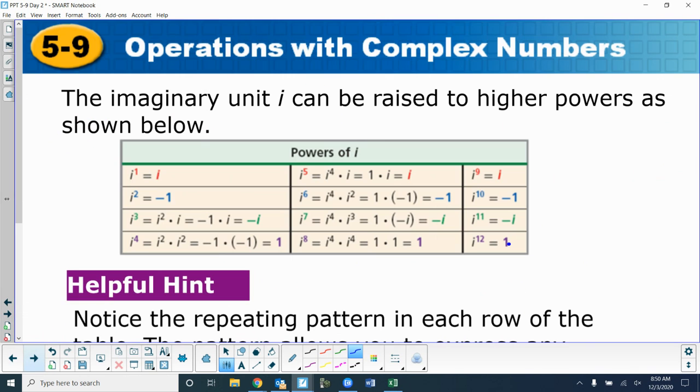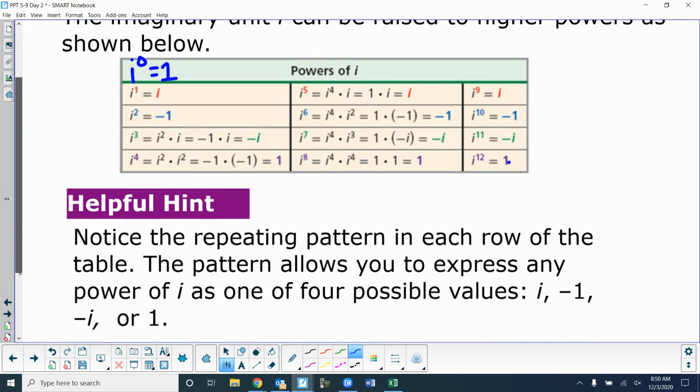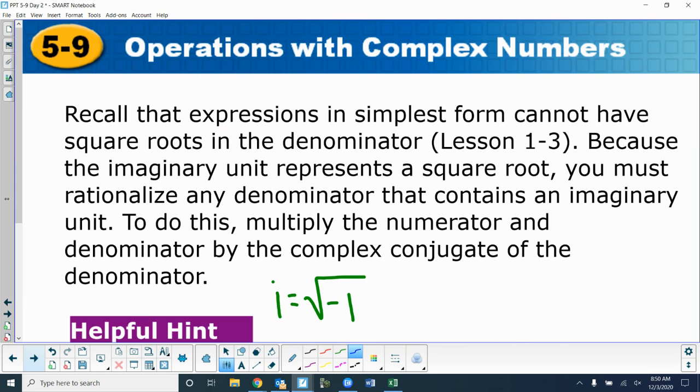Okay? So I always like to start with i to the 0 equals 1. I to the 0, i to the first, i to the second, i to the third. Those are the 4 that are going to show up. Only 4 answers on those. And if you got other numbers in there, then you got to multiply by whatever's in there, or add whatever they're telling you to do.